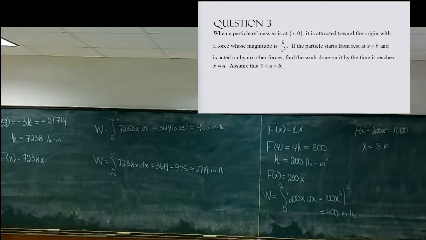The particle starts from rest at x equals b and is acted on by no other forces. Find the work done on it by the time it reaches the point x equals a, and assume that a is less than b.